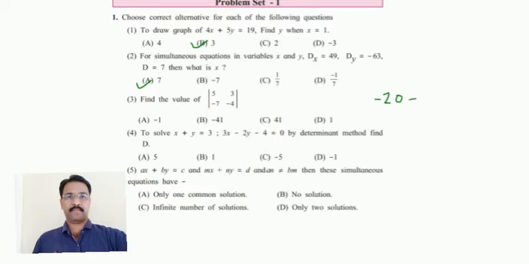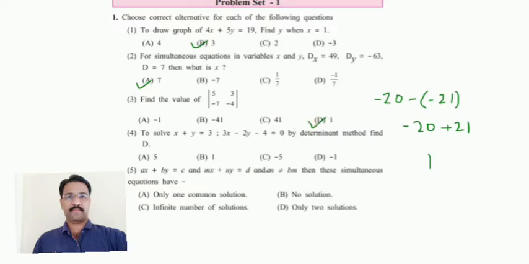So minus 7 into 3 will come minus 21. So what will come here now? That is nothing but minus 20 plus 21, which is nothing but 1. Where is it 1? Here in the fourth option. That is the correct option.